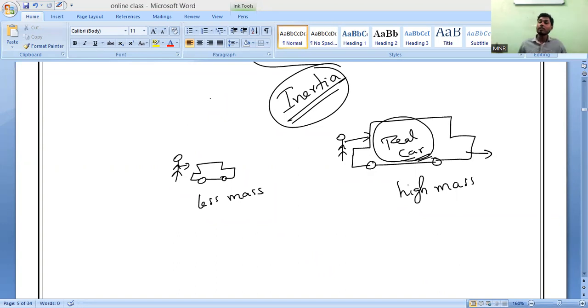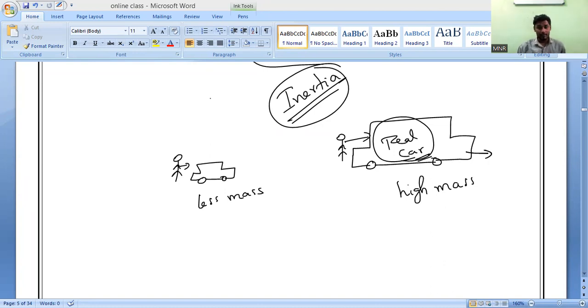If somebody tries to apply a force, the body will try to resist it. That resistance depends on one factor. What is that factor? Mass. If you have more mass, more resistance, so do you have more inertia or less inertia? More inertia.